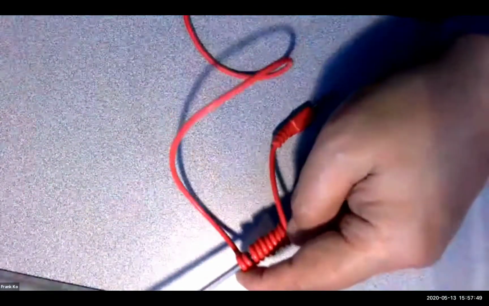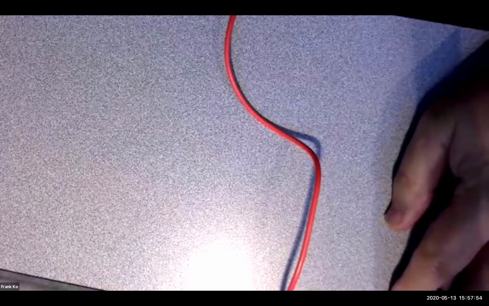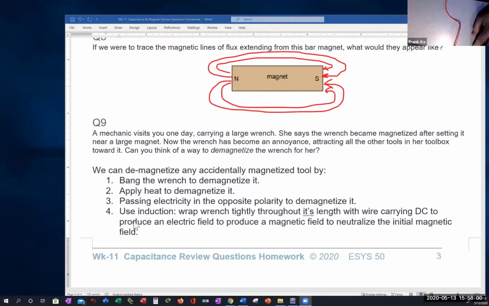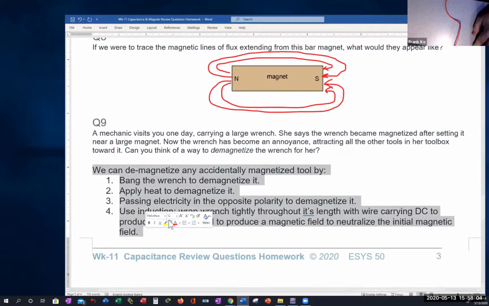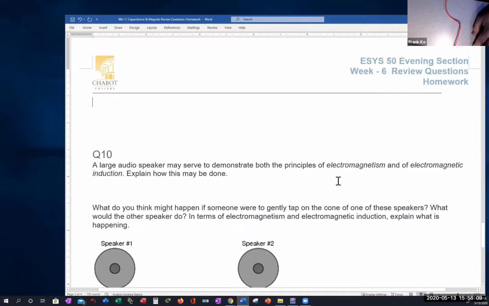All right, now we will go ahead and return back to share screen. And that completes these questions for number 9. Number 10. Okay, cool.